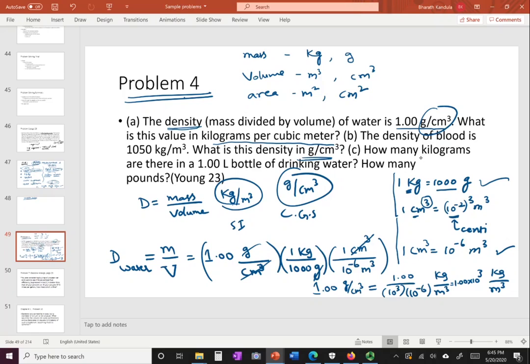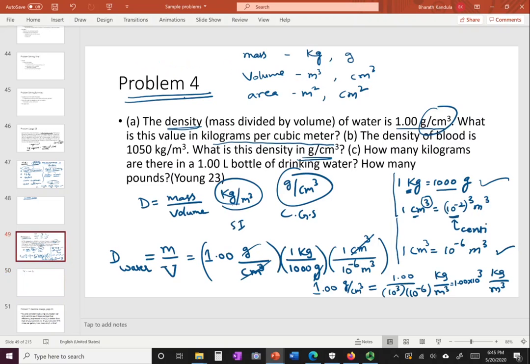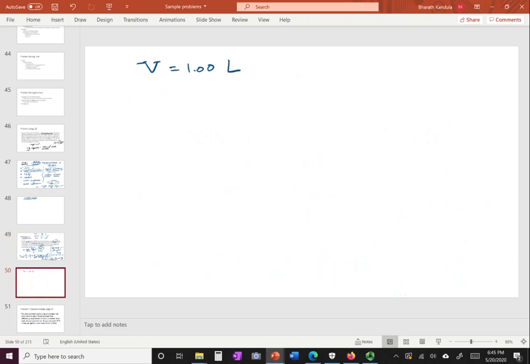Okay, now next part C is how many kilograms are there in 1 liter bottle of drinking water. Okay, so to calculate this, volume units are not only cubic meter but also the liters. So we need to calculate how many kilograms are there in 1 liter bottle of drinking water. Drinking water density is 1000 kilogram per cubic meter.